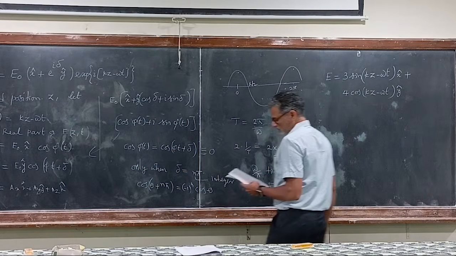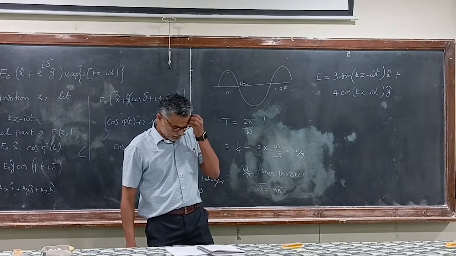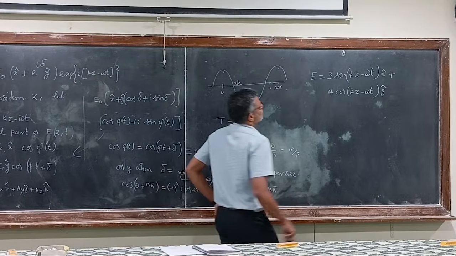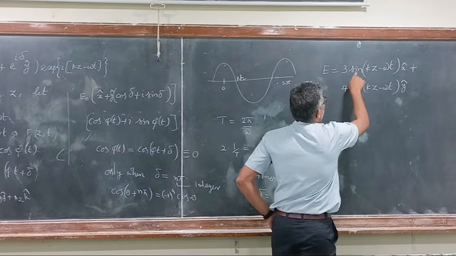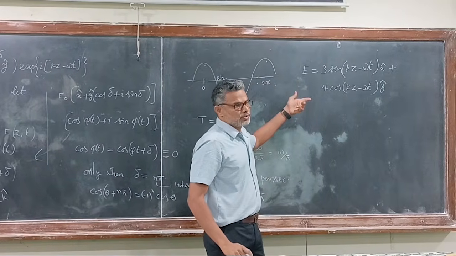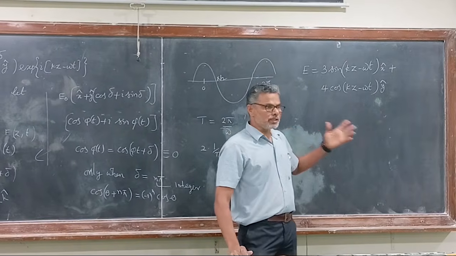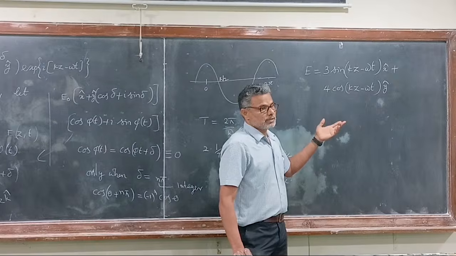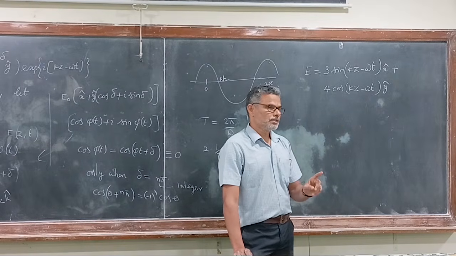So what type of polarization is what is asked. Looking at this, you have a difference of what? Two different amplitudes. Amplitudes are not same. So that means it cannot be circle. Only for circle your amplitude must be same.